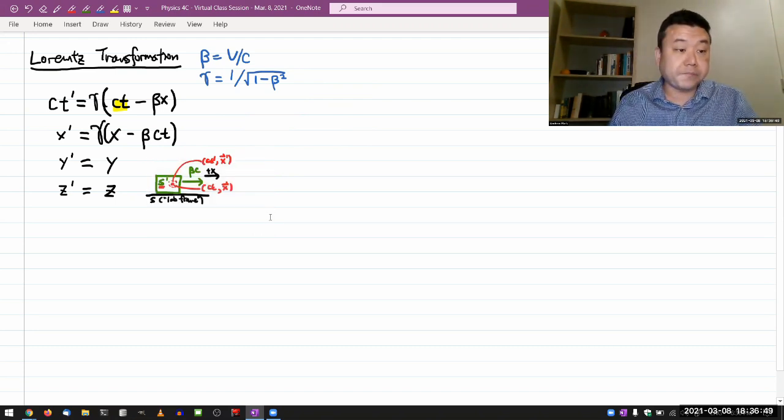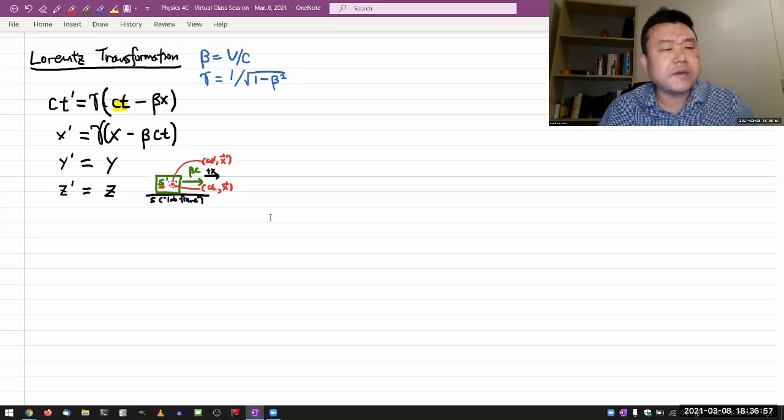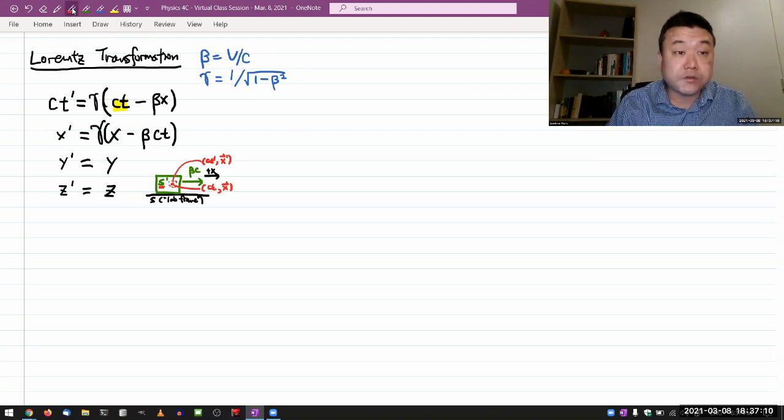Now, Lorentz transformation is algebraic, and there's an aspect of it that's kind of difficult to gain understanding of quickly. One especially is the relativity of simultaneity. And Lorentz transformation actually includes that.